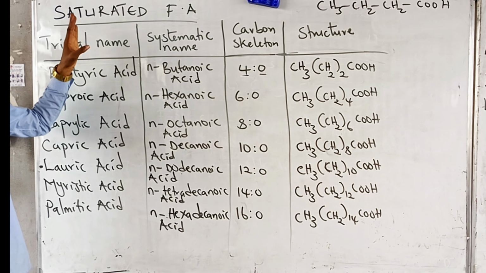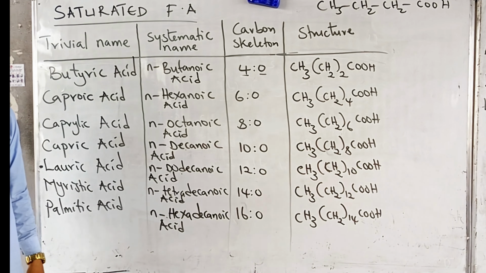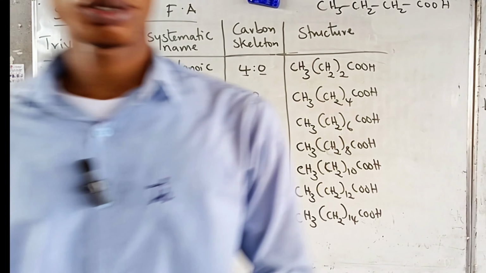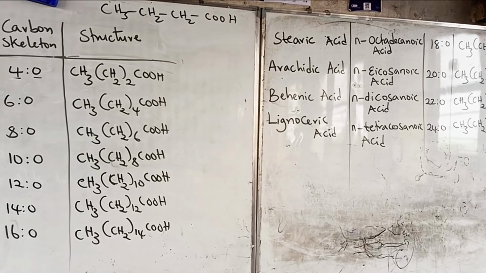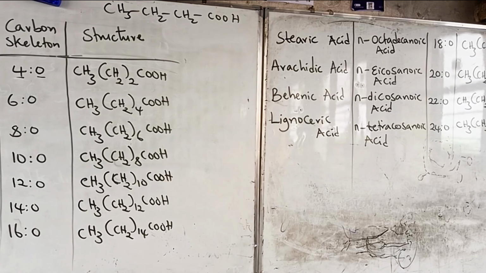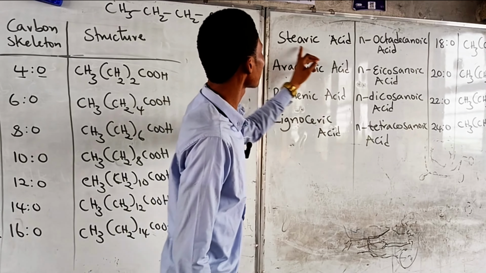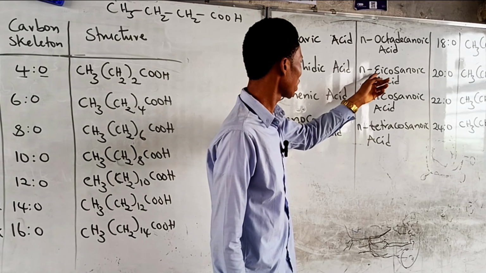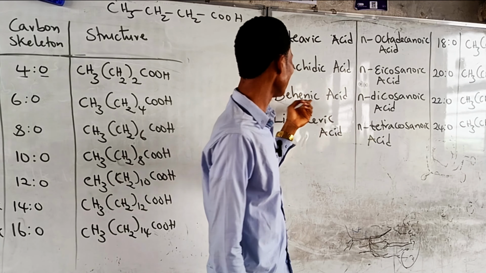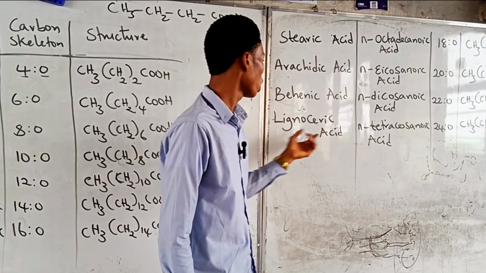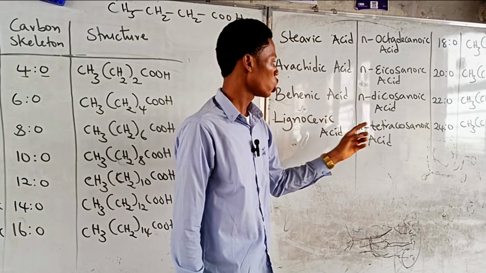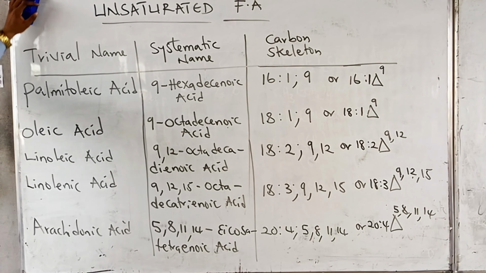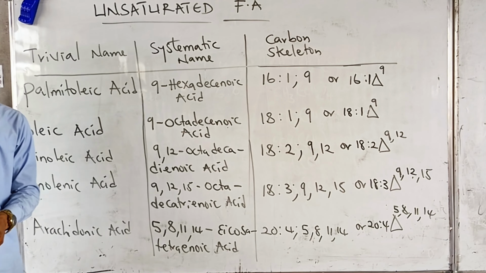Now, stearic acid, octadeca, right? Arachidic acid, behenic acid, 22, and lignoceric acid, 24. Good.